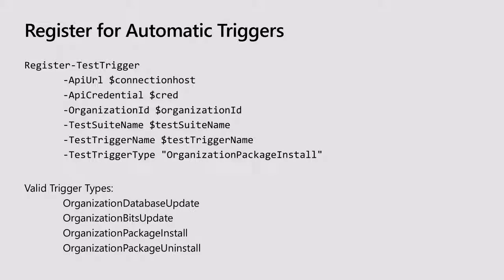All four of these are things Microsoft does on your behalf in order to ensure that you're running the latest and greatest version of the platform and of the applications on the platform. But with this, it allows you to hook into those specific actions so that you can keep your test cases up to date and make sure things are running smoothly within your application, assuming you've built custom extensions on top. Questions?